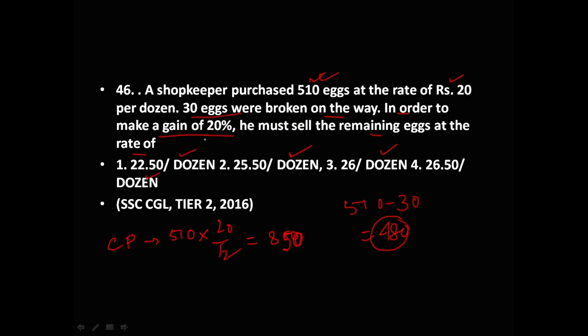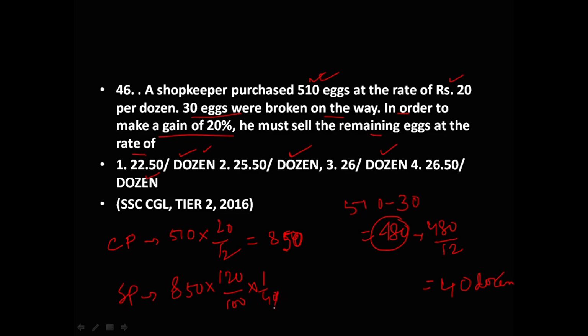In order to make a gain of 20%, he must sell the eggs, and the answer will be per dozen. So 480 eggs means how many dozens? It's 40 dozens. So in 20% profit, what would be the SP? 850 into 120 by 100 into 1 by 40, because for 40 dozens we have to get the value per dozen.